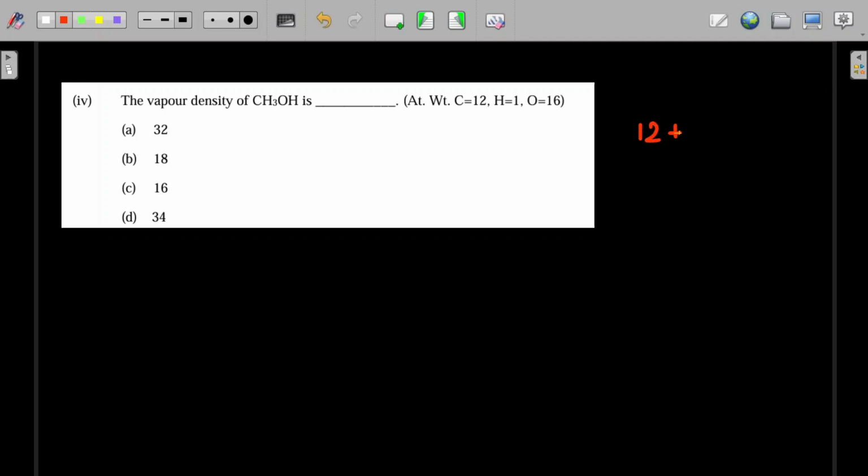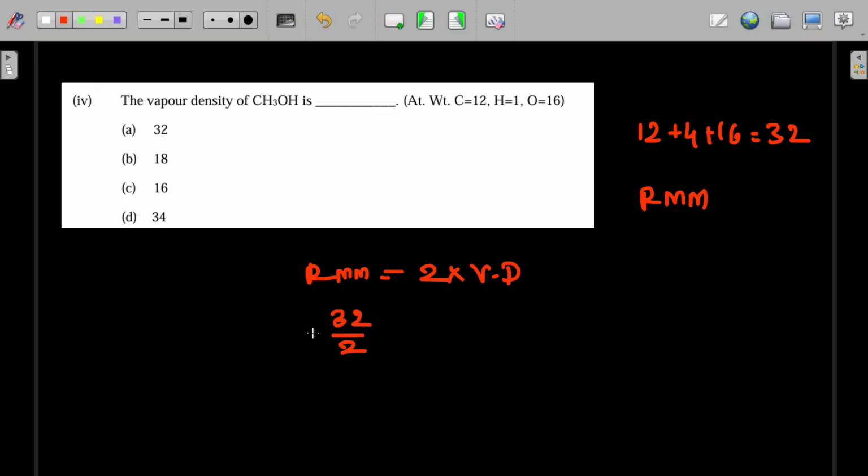So 12 plus 4 hydrogens plus 16, that is 12 plus 4 plus 16, which is 32. This is the relative molecular mass. 2 times vapor density is equal to relative molecular mass, so vapor density will be relative molecular mass divided by 2. So 32 by 2 is equal to vapor density, 16. 16 will be the answer.